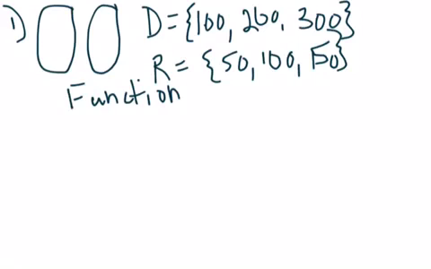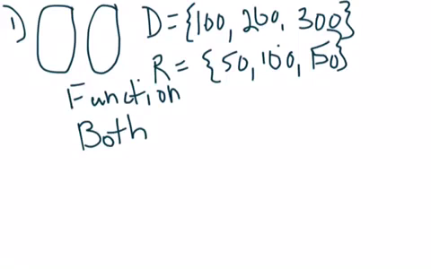And this one is actually both, because 1 to 1 means that there is exactly one unique, meaning different, y for each x, and every y has a counterpart in x, so that makes it both 1 to 1 and onto.